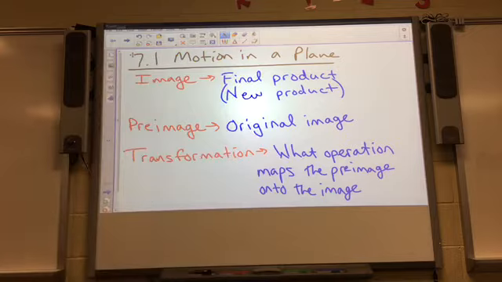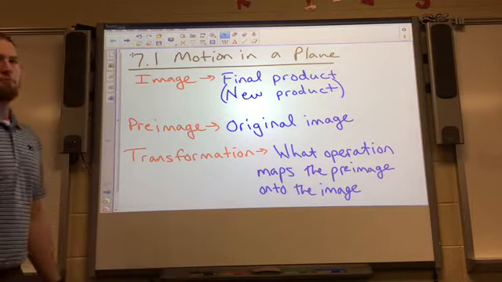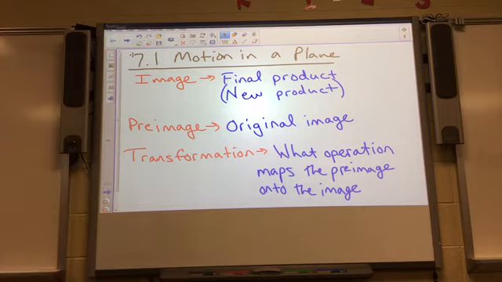How are you getting from the beginning to the end? How is that happening? What operation maps the pre-image onto the image?